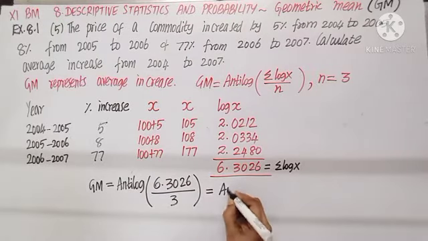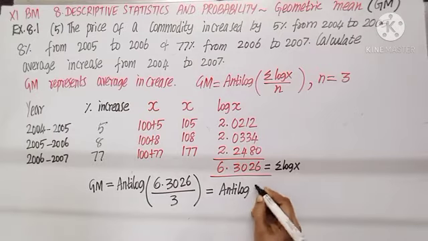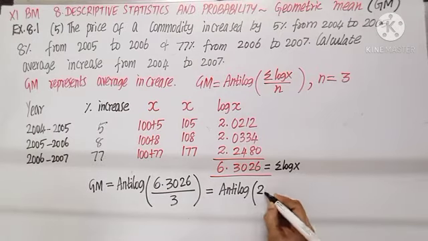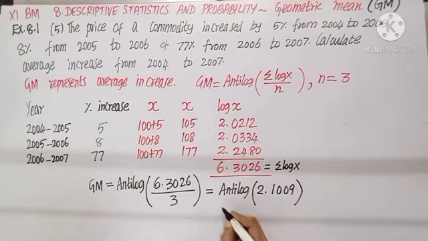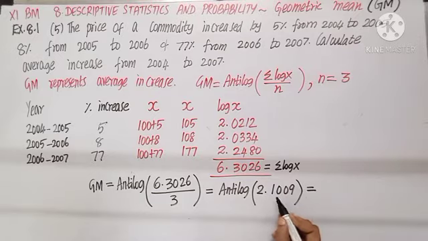As we divide, I get antilog of 2.1009. Finding antilog, check under 0.1009. Place the decimal after 2 digits.